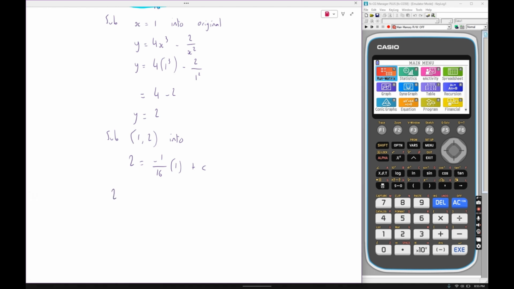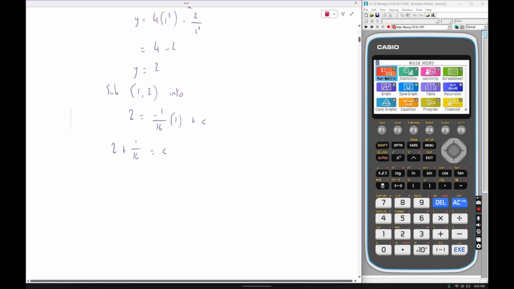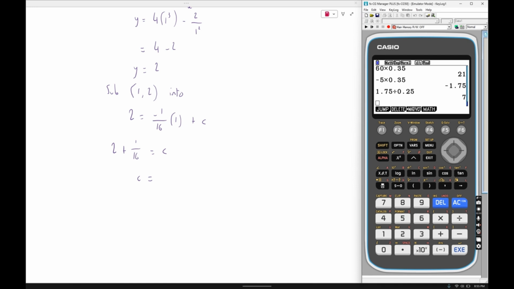So we're going to have 2 plus 1 over 16 equals c. So c equals, we could probably leave this as a fraction, but let's do this. 2 plus 1 over 16 equals 33 over 16. That was c, remember?